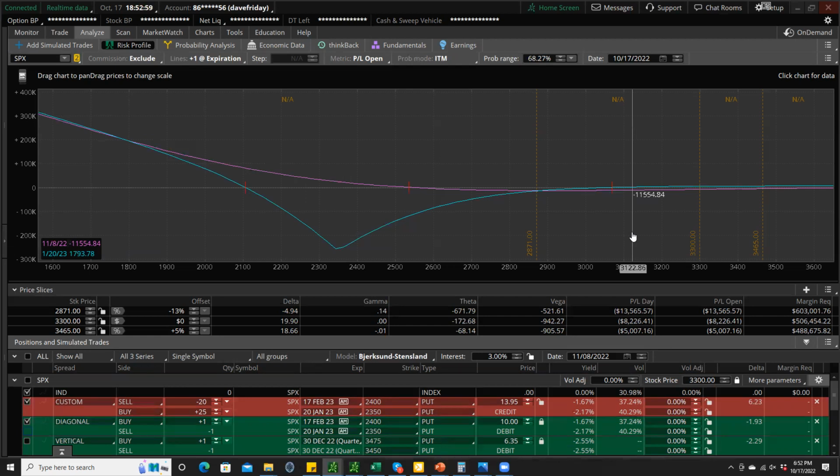So what are the benefits? It's an income trade. It does give you a really nice Black Swan hedge protection that will protect you in the event of a market crash, not a correction, but a crash. It can do very well up to a 13% pullback in the life of this trade.